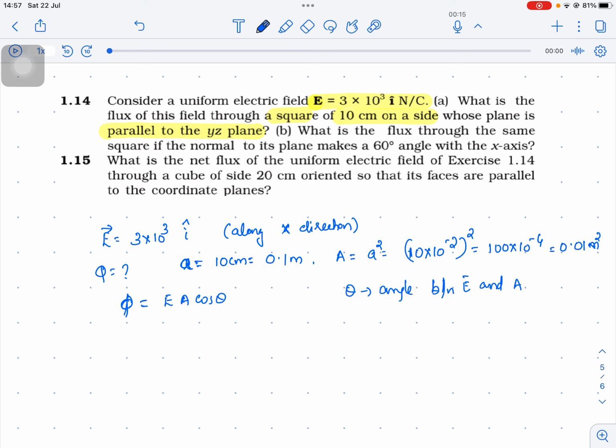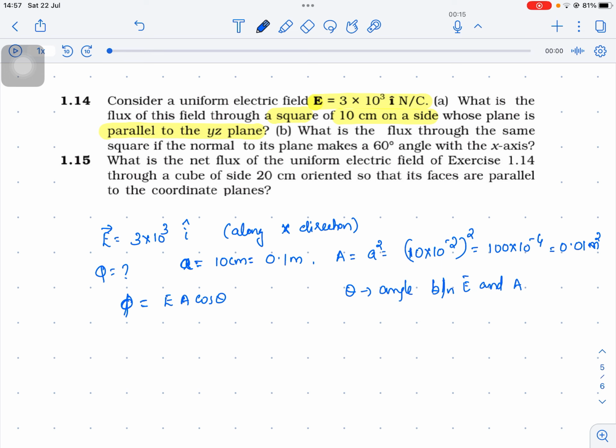In this question it is given that the shape is a square, whose plane is parallel to the YZ plane.